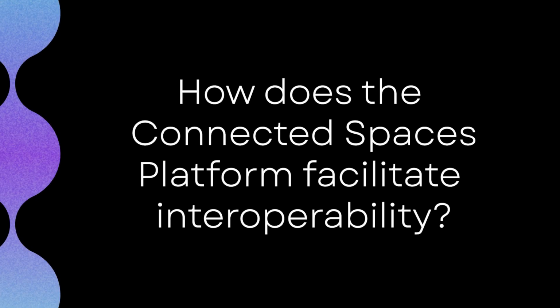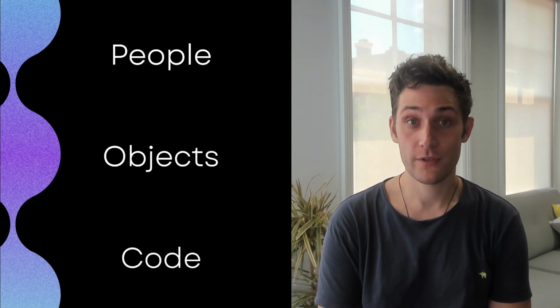So let's talk a bit about how we're building for interoperability with the Connected Spaces platform and the library that we're open sourcing, because it isn't easy and there's a long way to go. Broadly speaking, you can say that interoperable concepts in this domain break down into one of three categories: people, objects, and code.